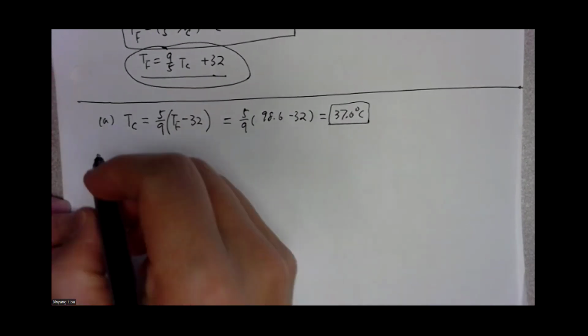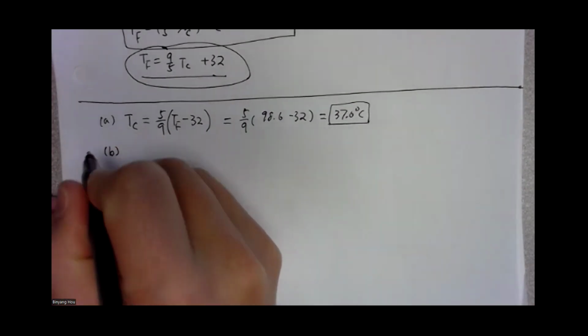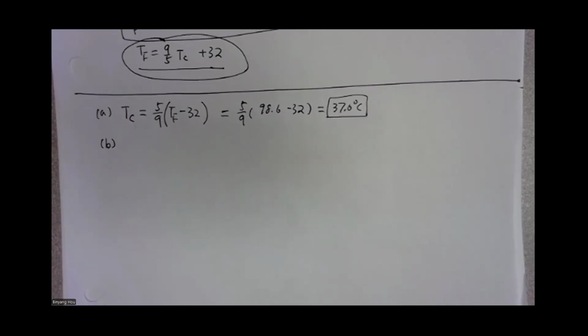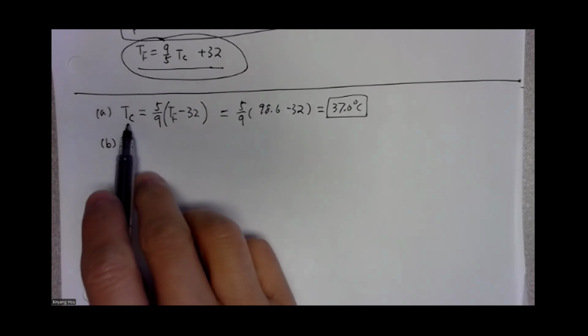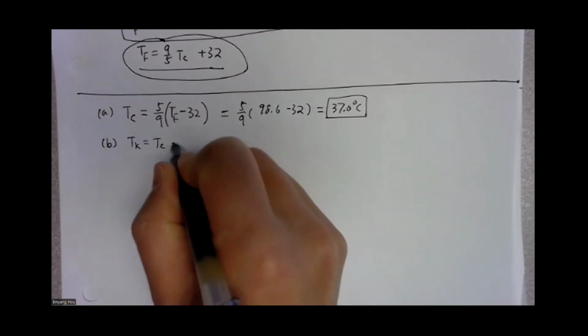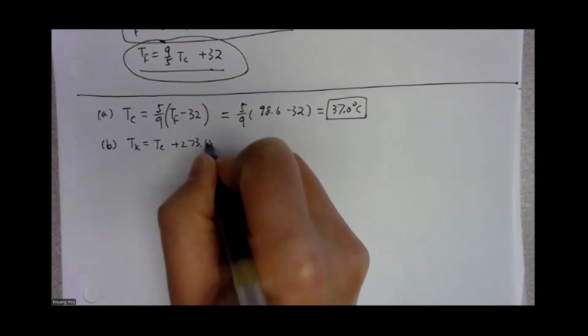The next question asked in the PowerPoint, if you can go back there, is what this temperature is in Kelvin. We already have the temperature in Celsius, so to convert to Kelvin, it's just temperature in Celsius plus 273.15.